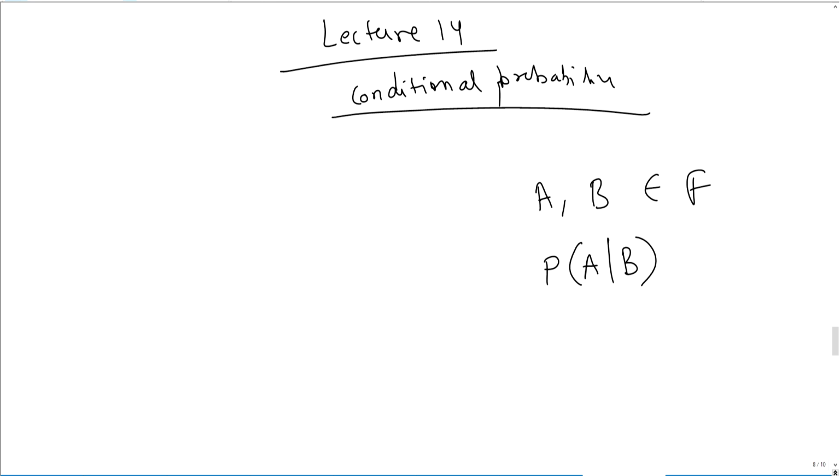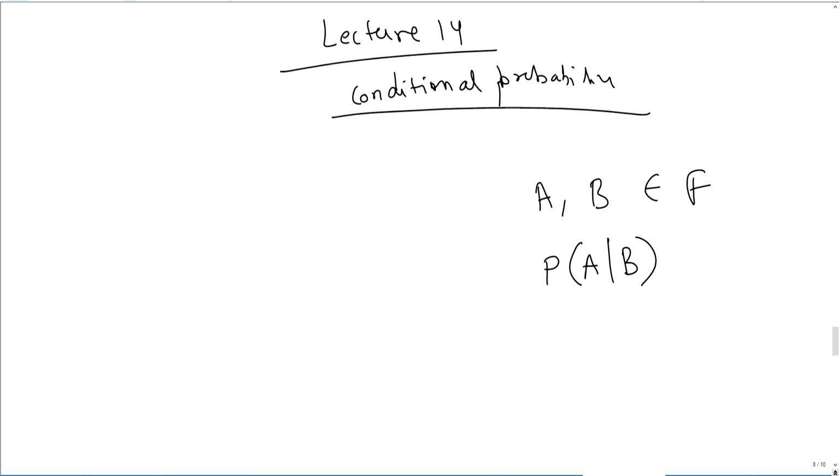This kind of question you can always ask in the situation when events A and B are not exactly independent, right? And I'll come to that independence point later.